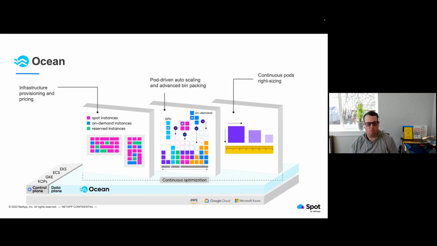It doesn't matter what control plane you use, if you use kOps, if you use ECS, if you use AKS, or whatever control plane you're using, we work with it because we sit in between your control plane and your cloud provider. And while we are multi-cloud, and this conversation is really around Microsoft Azure, we do work in all three of the major clouds.